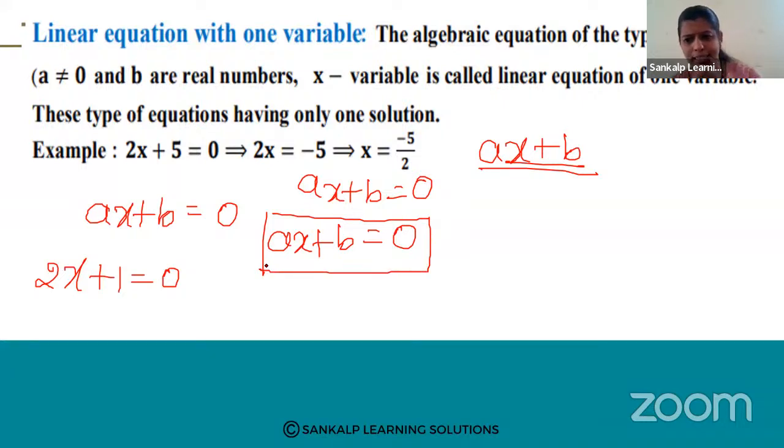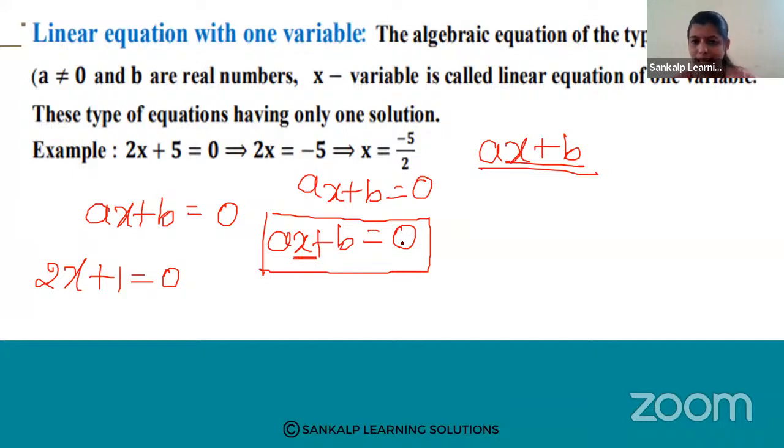Why is it called a linear equation? Because the variable power is 1. How many variables are there in this equation? Only one variable, right? So x is the only variable. Therefore, we call this equation a linear equation with one variable. Yes, ಒಂದೇ ವೇರಿಯೇಬಲ್ ಇದೆ, ಎರಡು ವೇರಿಯೇಬಲ್ಸ್ ಇಲ್ಲ ಅಲ್ಲಿ.